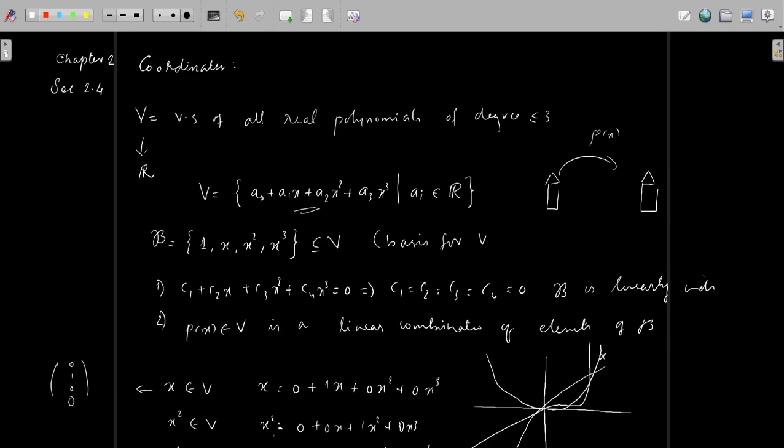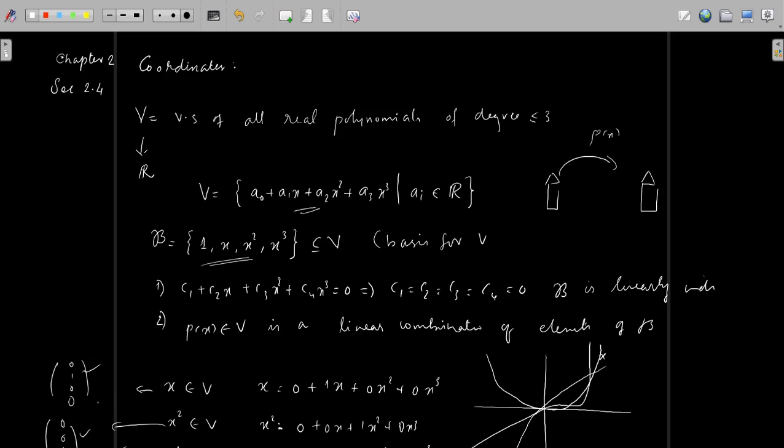Similarly, in order to identify this x square, we need to collect the coefficients of those polynomials: 0, 0, 1, 0. Similarly, in order to collect this, we need to consider 0, 0, 0, 1. So these are actually the coefficients corresponding to the basis element. These coefficients are called coordinates.